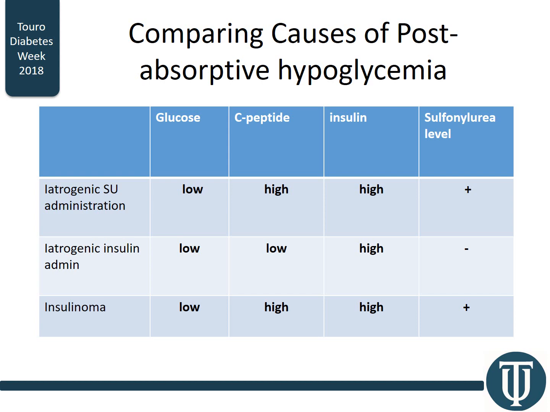And then if we look at an insulinoma, that is a pancreatic tumor that secretes insulin independent of its relationship to glucose. And so these people develop post-absorptive hypoglycemia. They have a low blood glucose, but because they're secreting endogenous insulin, they'll have a high C-peptide and a high insulin level, but they're not taking sulfonylureas, so they'll have a negative sulfonylurea level.